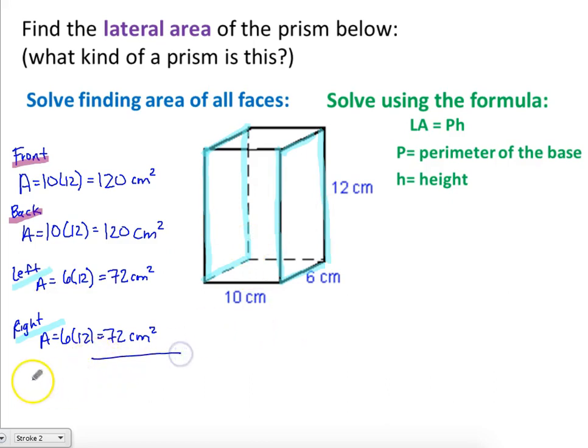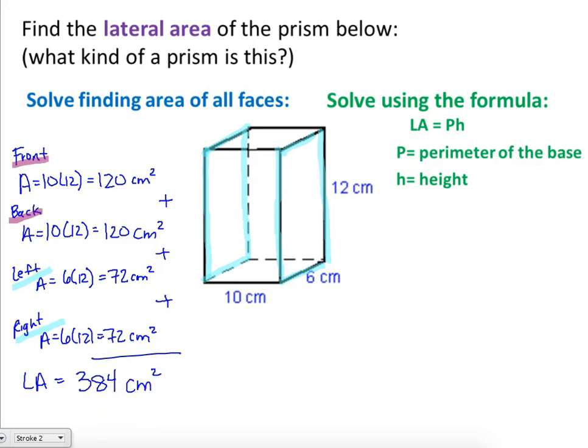So now we're going to add all those up to find the total for the lateral area. So I'm going to take 120 plus 120 plus 72 plus 72, and I get a grand total of 384 centimeters squared.